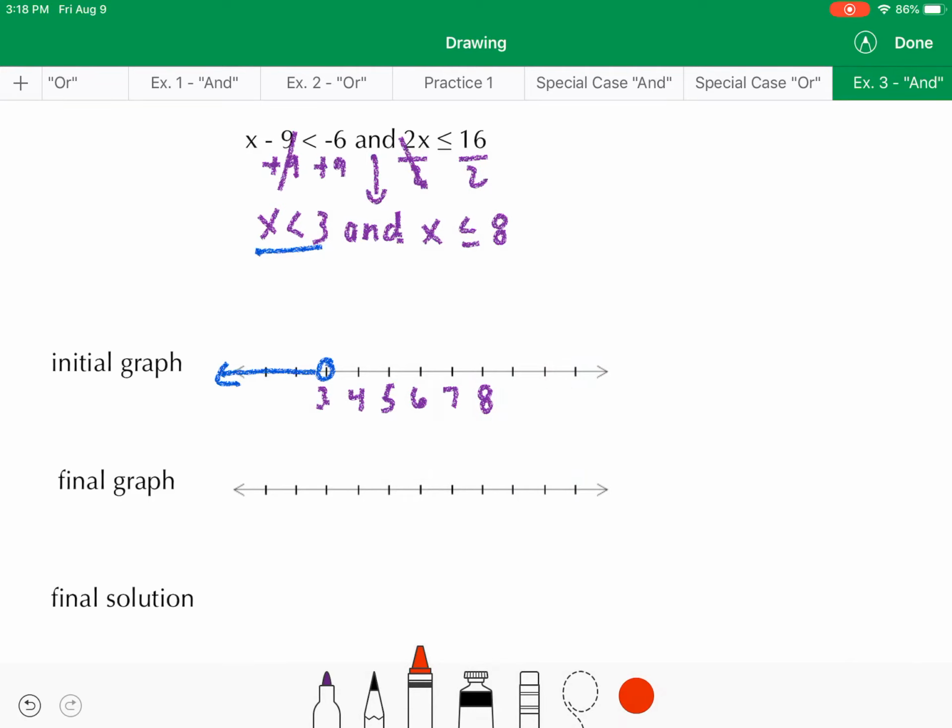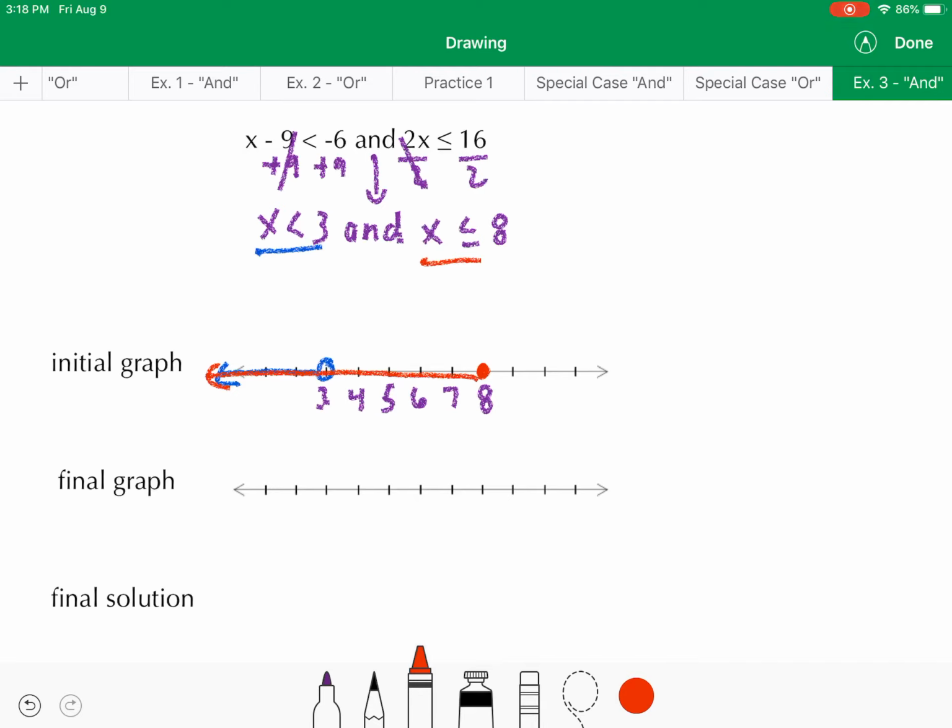X is less than or equal to 8 in red. And now I'm paying attention to the fact that "and" separates those two inequalities. That implies I need the intersection of the red line and the blue line. Where is that taking place?